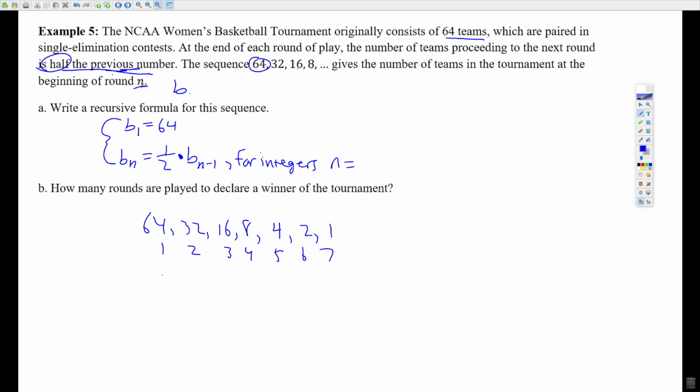I think that's pretty much it. So it'd be for n equals 2, 3, 4, 5, 6, 7.